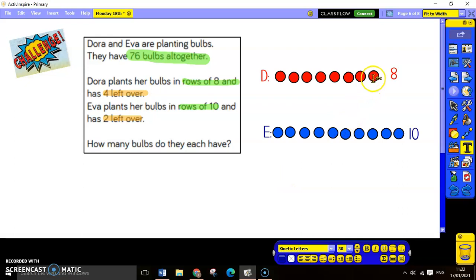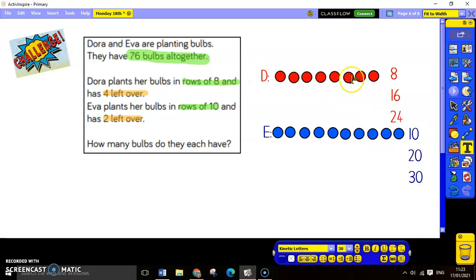I'm wondering if Dora had another row of 8, I know that she'd have 16 bulbs. And then if she had another row of 8, she'd have 24 bulbs. And I know if Eva had another row of 10, she'd have 20 bulbs. And another row of 10, she'd have 30 bulbs.